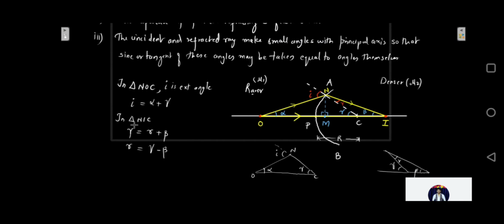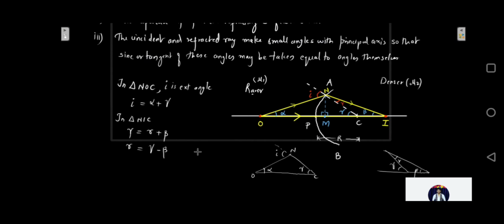Okay, so now since we have assumed that the angles made by the incident ray and the refracted ray are very small with the principal axis, we can say that tan of the angle or sine of that angle is approximately equal to the angle itself.